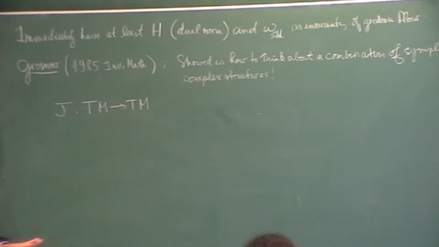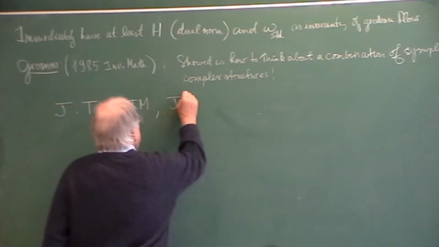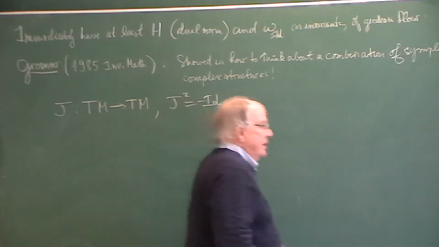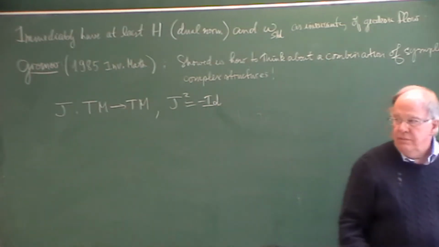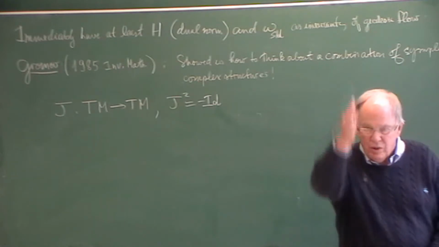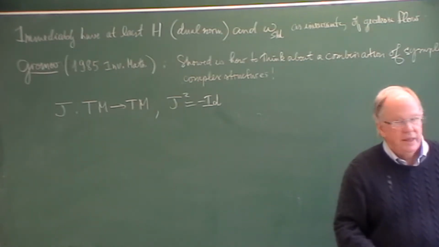I'm formalizing this now: that's a bundle endomorphism, and you should think of that as a multiplication by i. That's what it always is. But to re-emphasize this in a very strong way, this is a fiber-wise defined, varying smoothly, of course, bundle endomorphism.